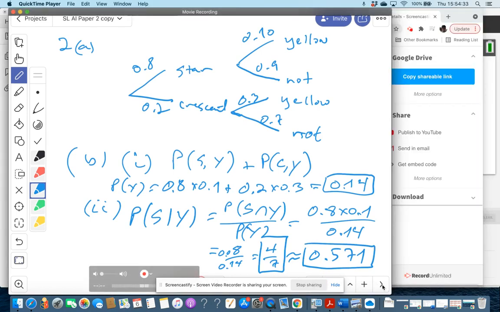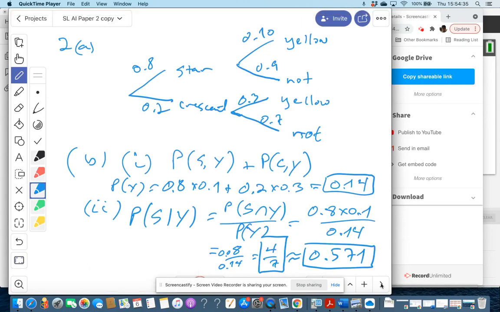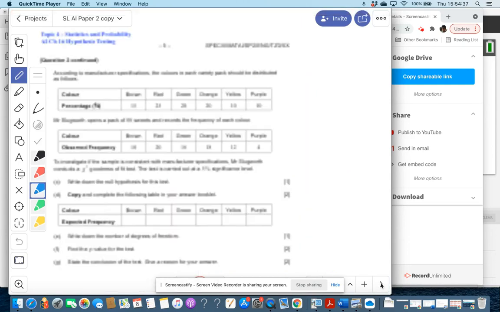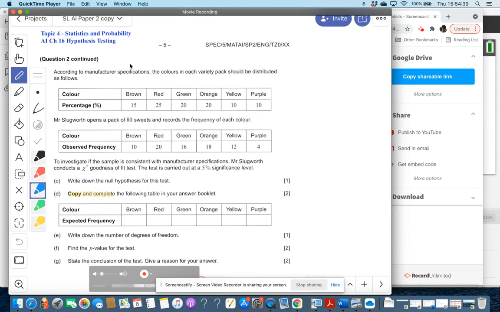So the next part of this question, it's still question 2 continued. It's like a whole new question. Okay, we're not doing probability trees. We're going to look at statistics here and do some hypothesis testing. Again, we're given a distribution.